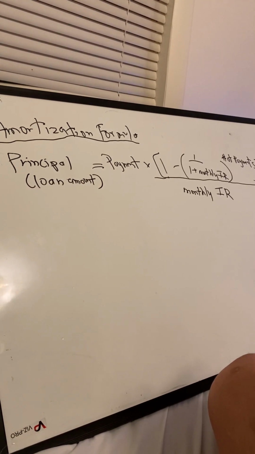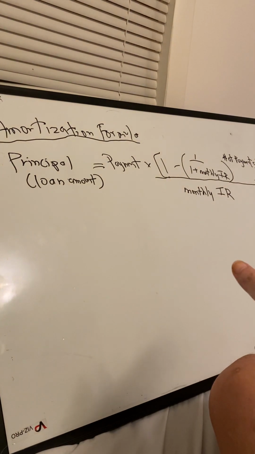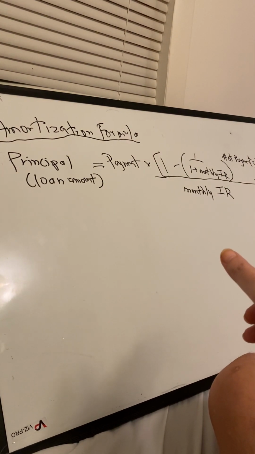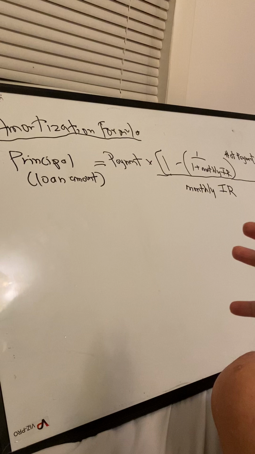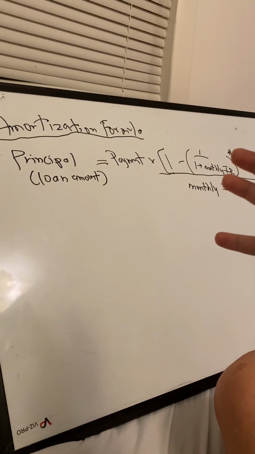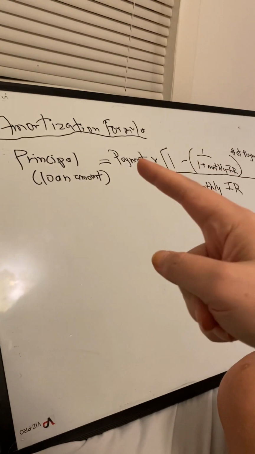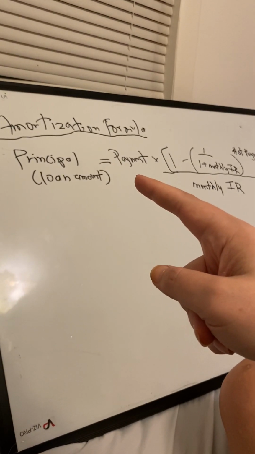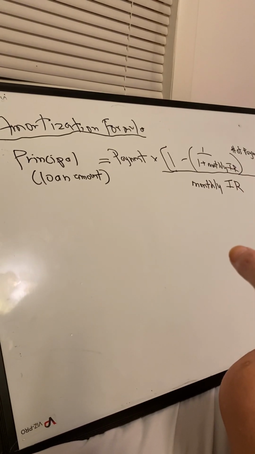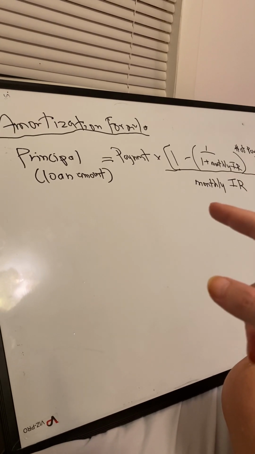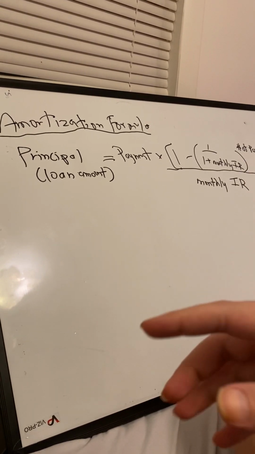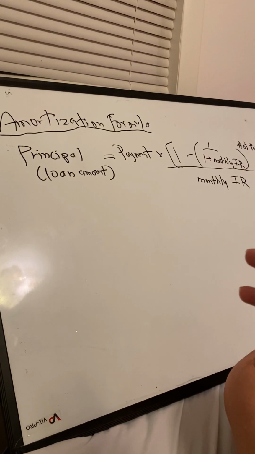And really, once we do that, it's going to be pretty easy to figure out how much each payment is by solving this equation. And when we know how much each payment is, and we know the number of payments, we're going to actually be able to figure out how much we're paying over the course of a loan.